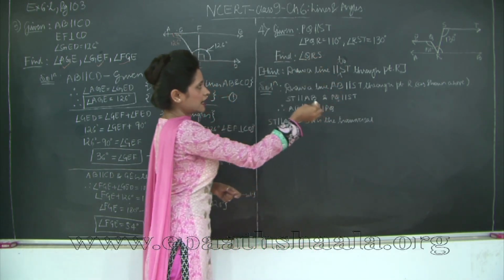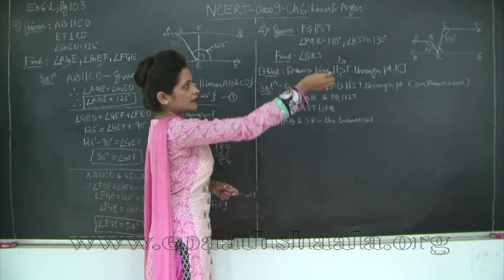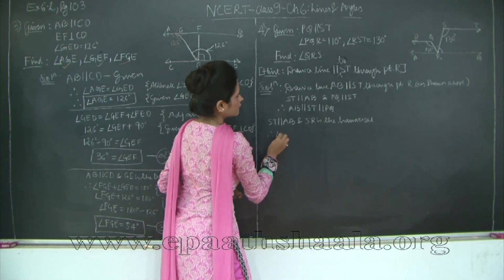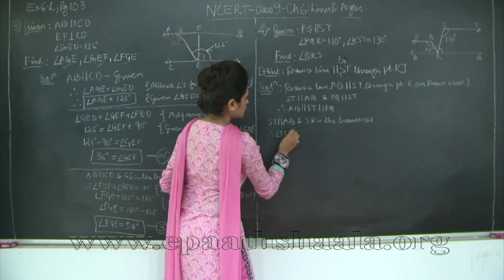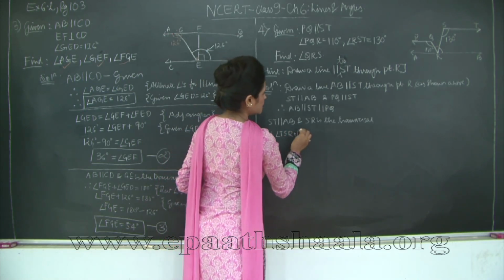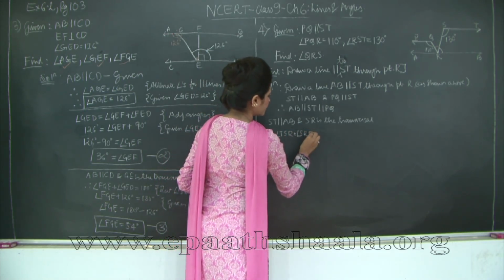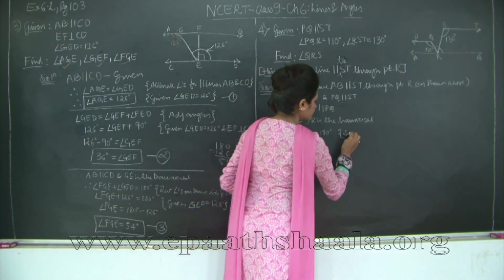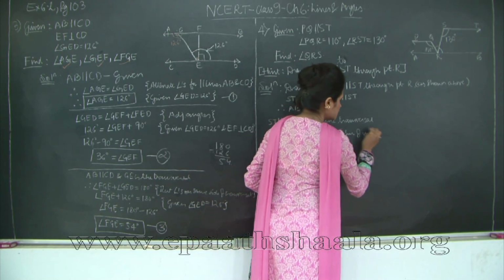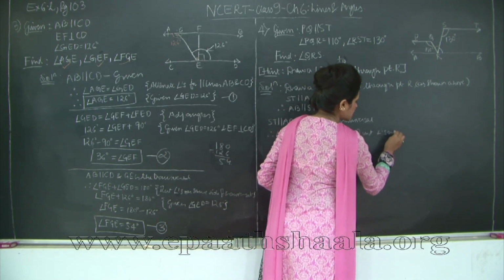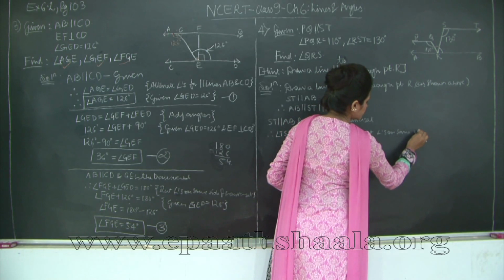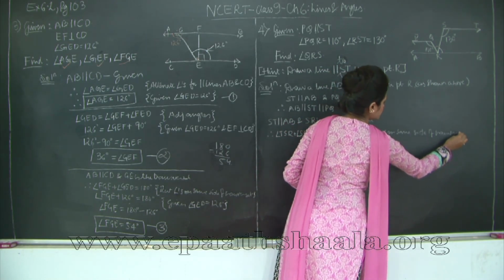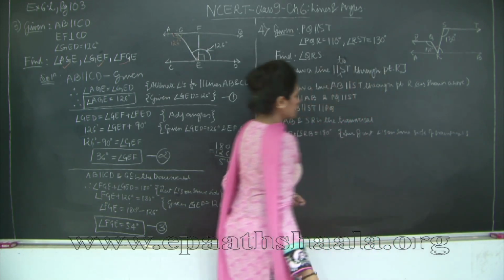Therefore, angle TSR plus angle SRB is 180 degrees, the sum of interior angles on the same side of the transversal.